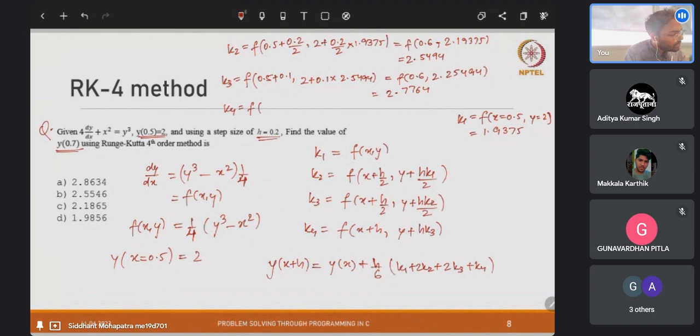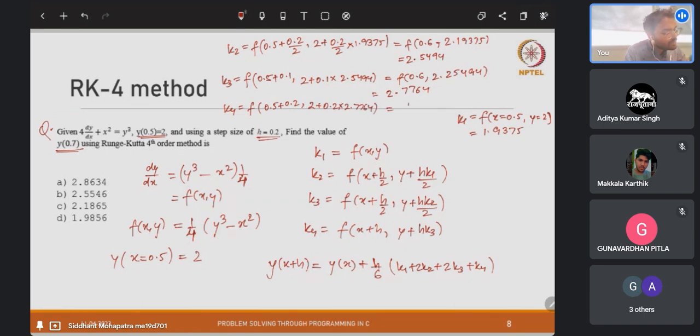For k4 you say it's x plus h, so you have 0.5 plus 0.2 comma y plus h k3. So y is 2 plus h, which is 0.2, into k3. k3 is 2.7764.